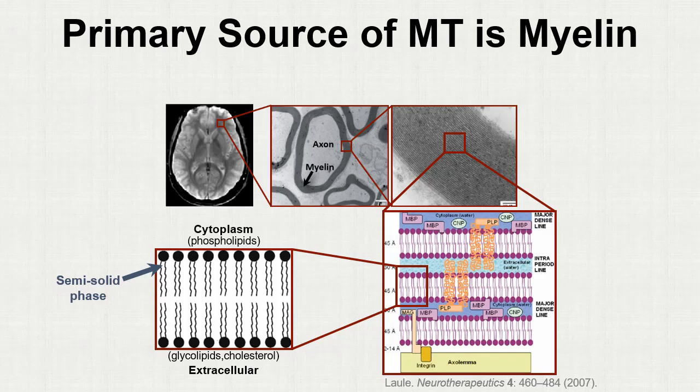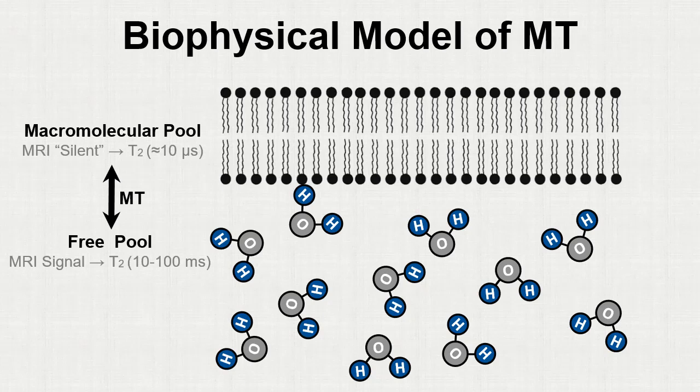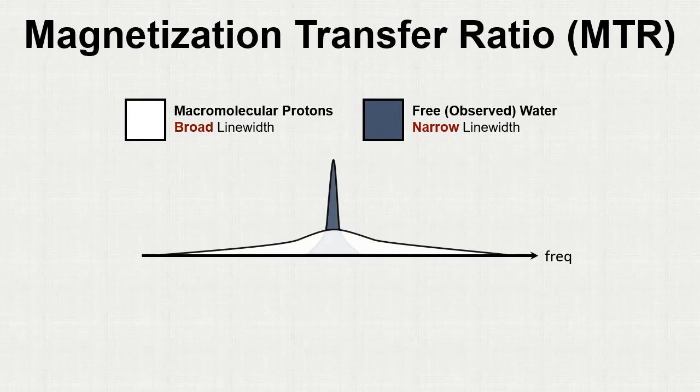So recasting our original cartoon in terms of the biophysical model of MT, we have our macromolecular pool, which is thought to be closely related to myelin, and we have the free water pool that surrounds it, that's in exchange with that. So an experiment, we're going to recast it again for a third time just because I want to build into something that we can talk about as we move forward. We think about our macromolecules being broad line shape, and we think about our free water being narrow line shape.